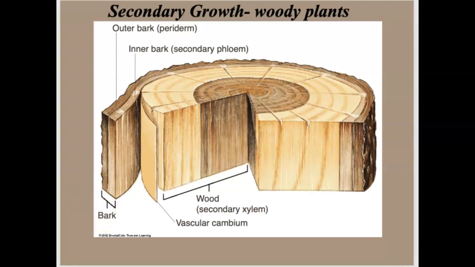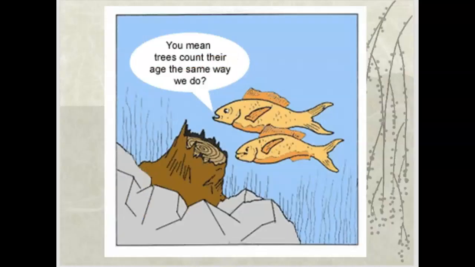So what we'll see is every year the vascular cambium is producing another layer and another layer and another layer of xylem and phloem. These in woody plants give us growth rings. So you can get a rough idea of the age of a woody plant by counting the rings.